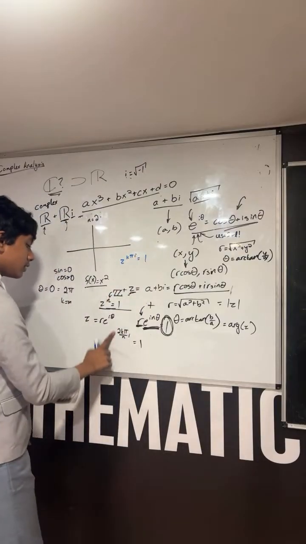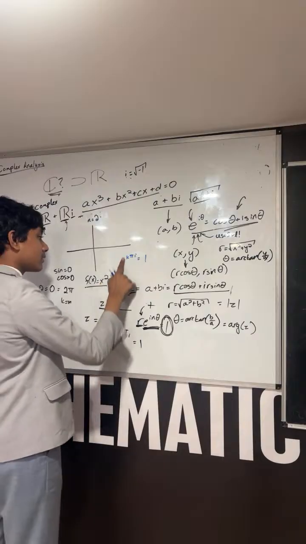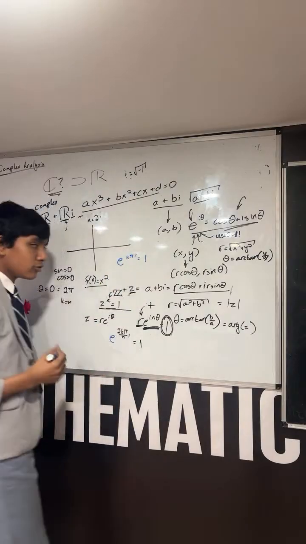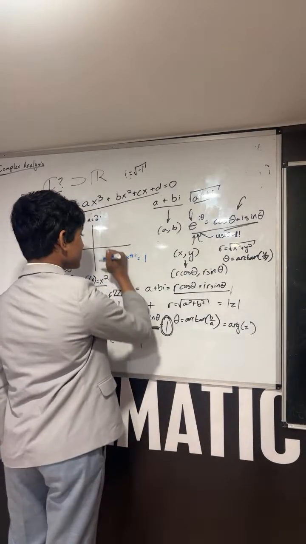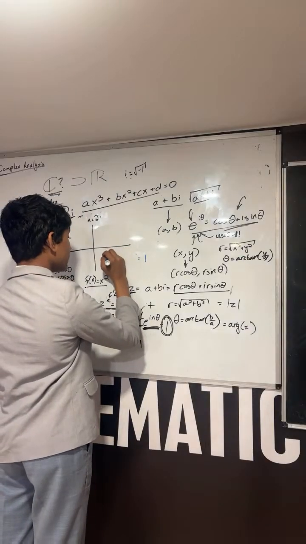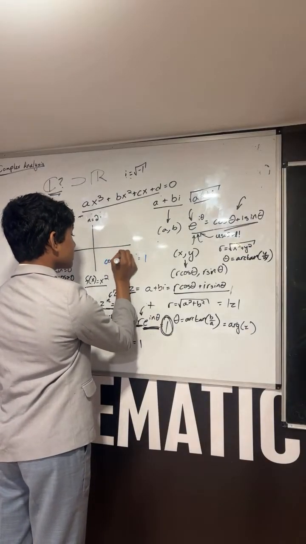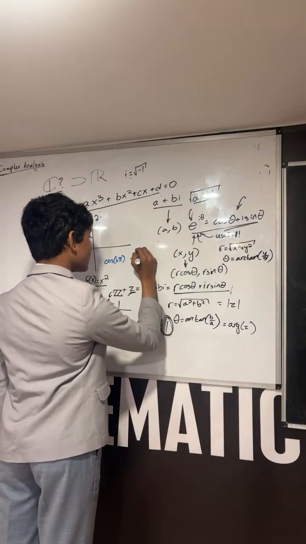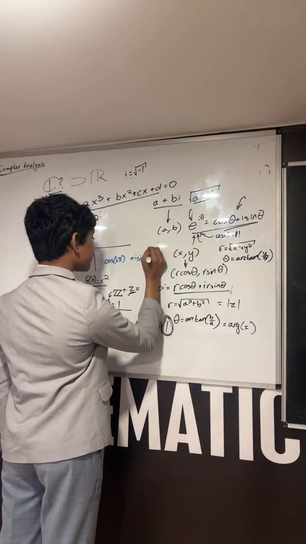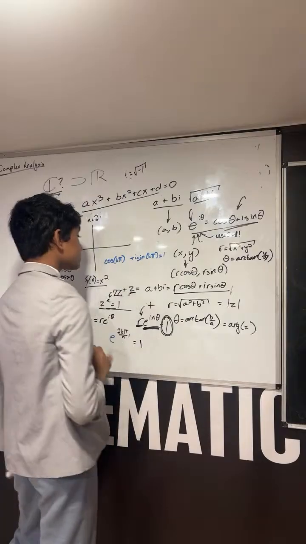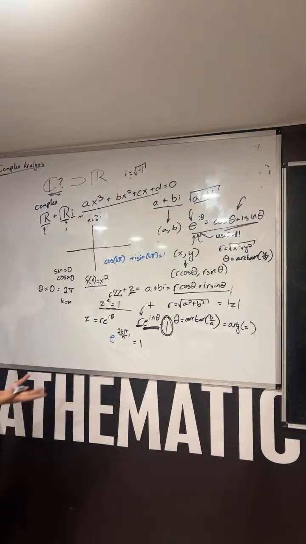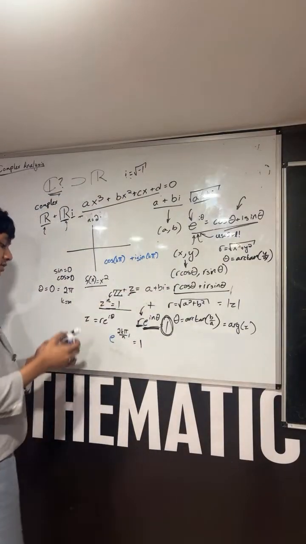And now writing that out, what does that give us? Cosine k pi plus i sine k pi is equal to 1.